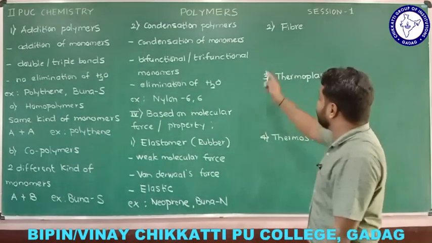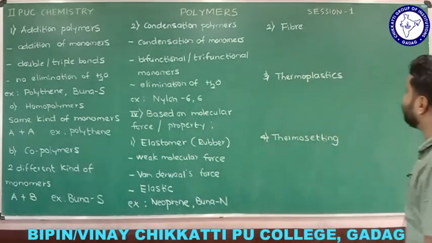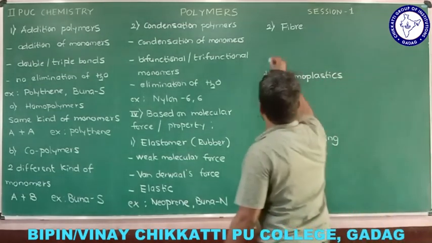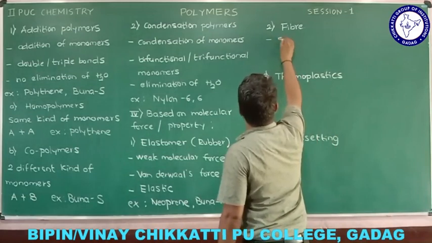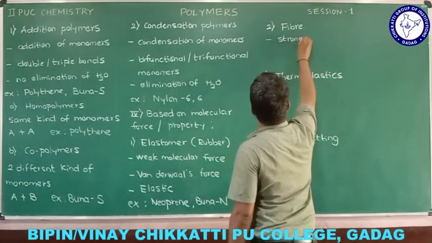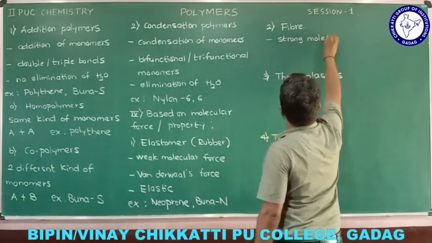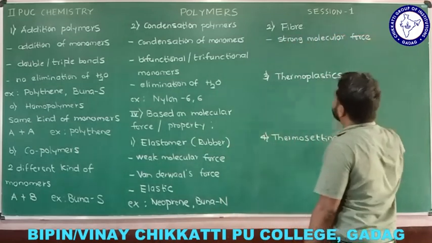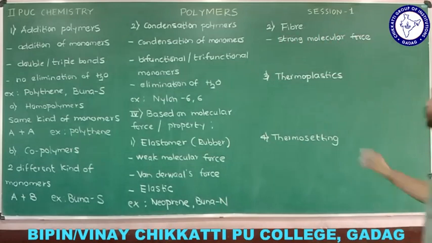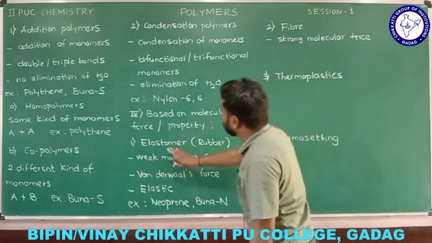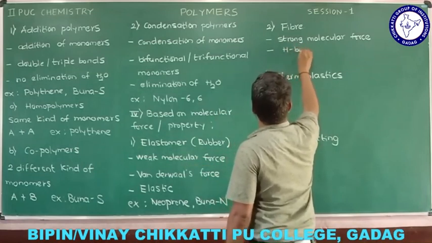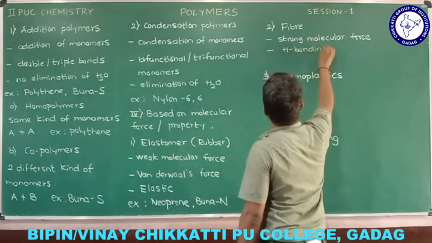Okay, the second one I am going to talk about now will be the fiber. Okay, so we'll see in case of fiber what kind of force of attraction will be present. In case of fiber, strong molecular force will be present. Strong molecular force of attraction will be present when compared to this elastomer here, and the kind of force of attraction will be hydrogen bonding you are going to observe.